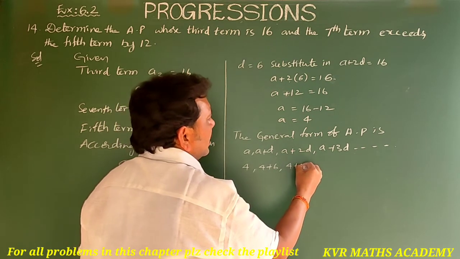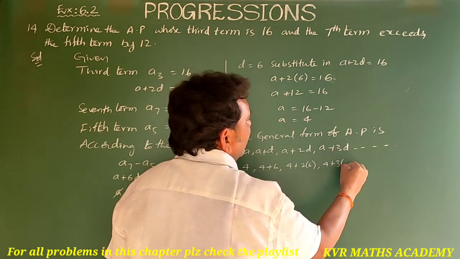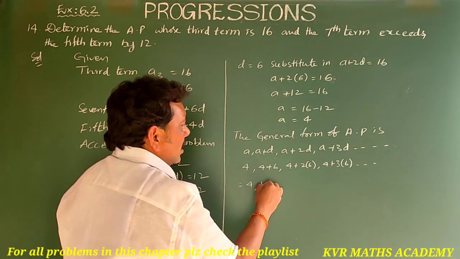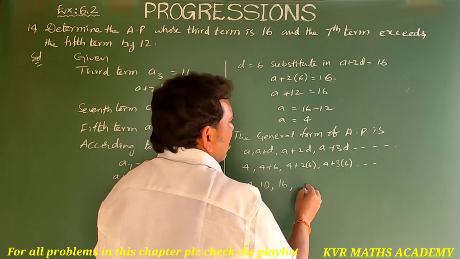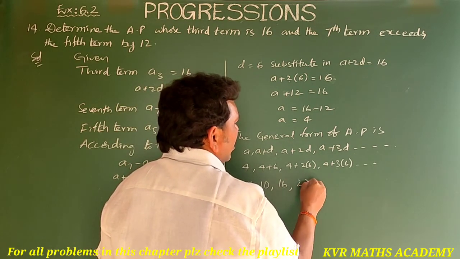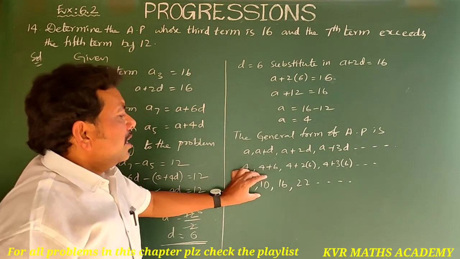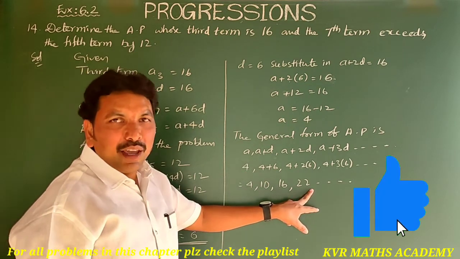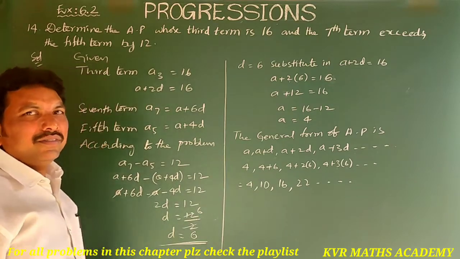Next 4 plus 2 into 6, 4 plus 3 into 6, and so on. This is equal to 4, 10, 16, how much? Yes, 22 and so on. So this is the AP we had to find. Understood clearly? Yes, note it down.